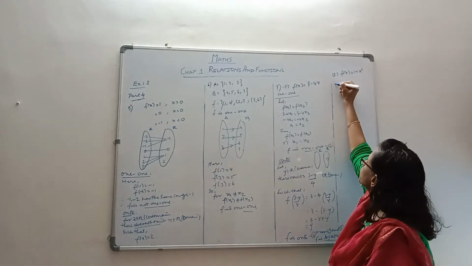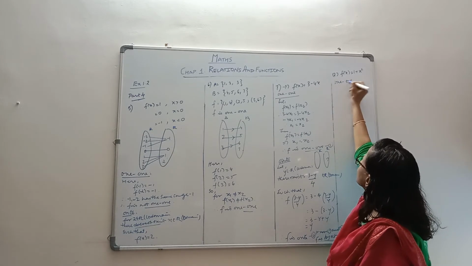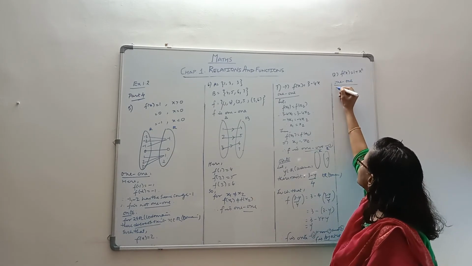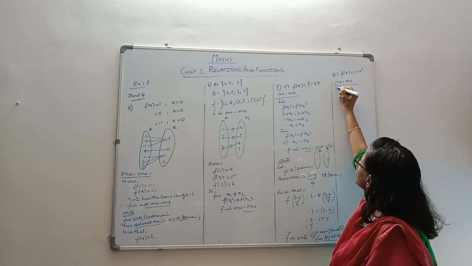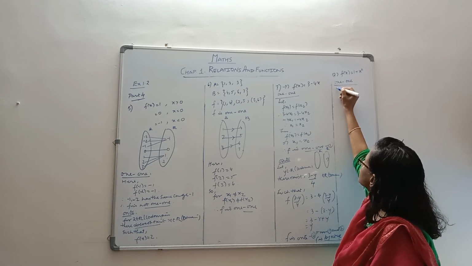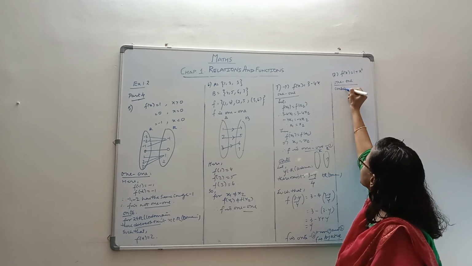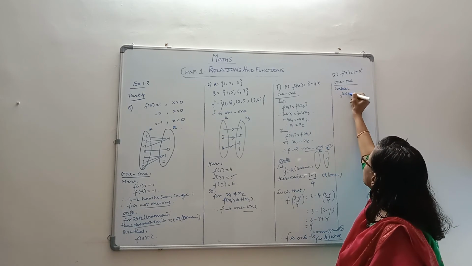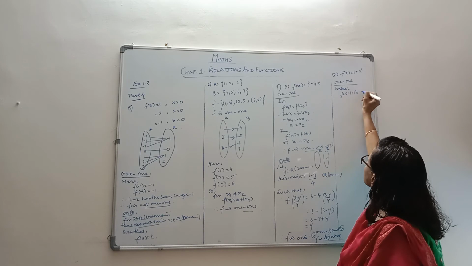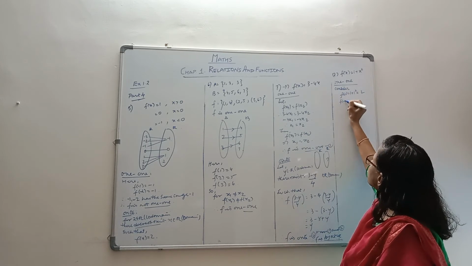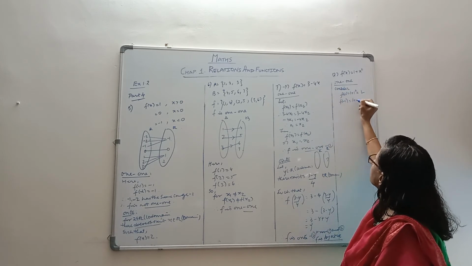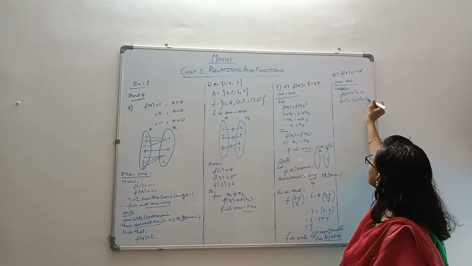So let's look at one-to-one. Let's consider say f of 1. What will it be? 1 plus 1 squared, which is 2. Let's consider f of minus 1. So it is 1 plus minus 1 squared, that's also 2.